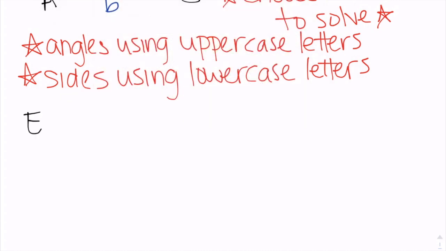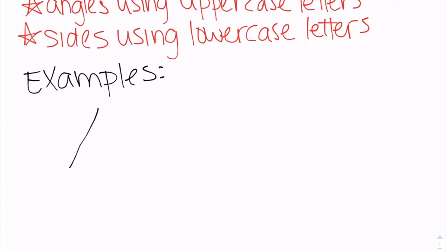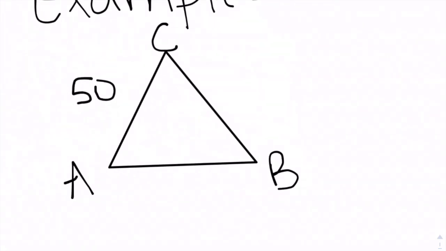So now if we move into some examples, if we are given the following triangle, and so we're going to be given that side B is equal to 50, side C is equal to 70, and angle C is going to be equal to 67 degrees.